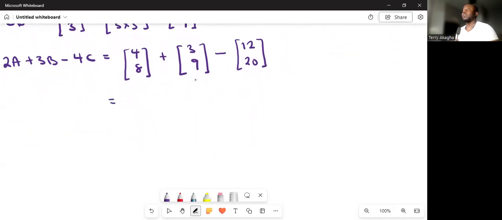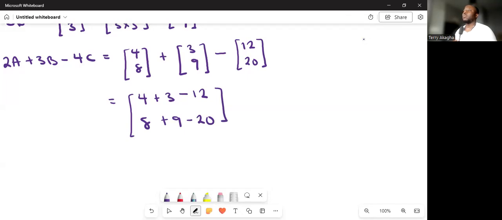It's going to give us 4 plus 3 minus 12, and 8 plus 9 minus 20. So 4 plus 3 is 7, 7 minus 12 is minus 5. Then 8 plus 9 is 17, and 17 minus 20 is minus 3.